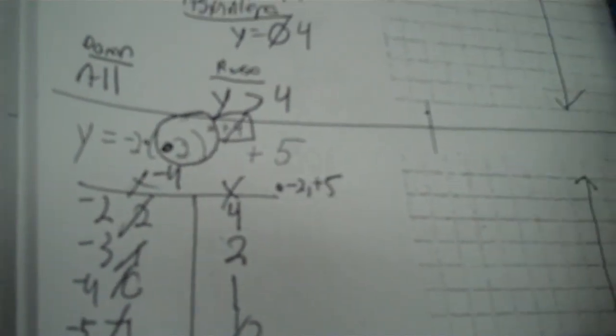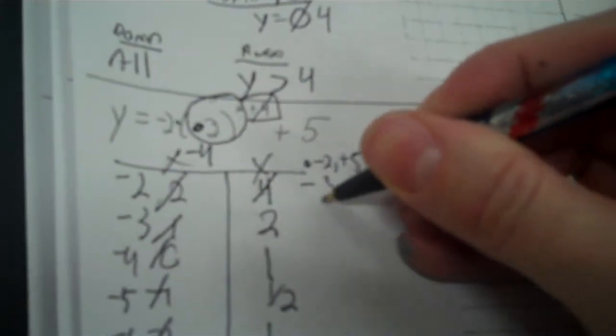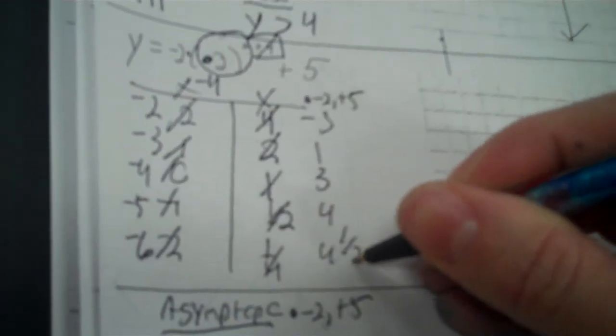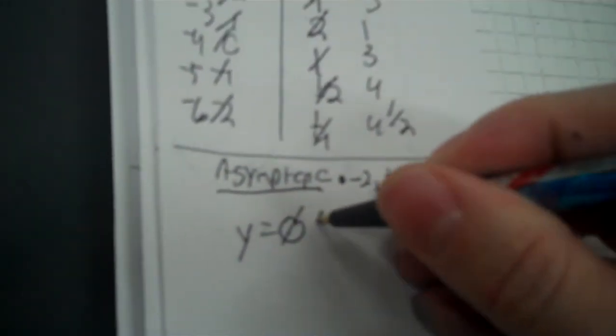Okay, so 4 times -2 plus 5 is -3. 2 times -2 plus 5 is 1. Next one, you're going to get 3, 4, and then 4.5. And then our asymptote is going to be 5. Okay, so I want to graph this one first. Okay, I don't want to start with the fraction. Okay, I want to go here.